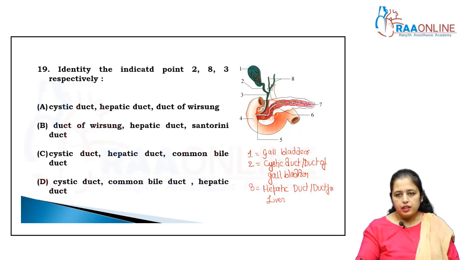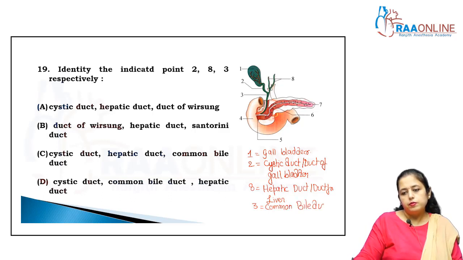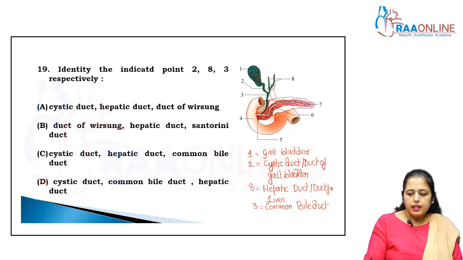Clear? The cystic duct and hepatic duct combine to form the 3, which is the common bile duct. That 4th one is the duodenum.